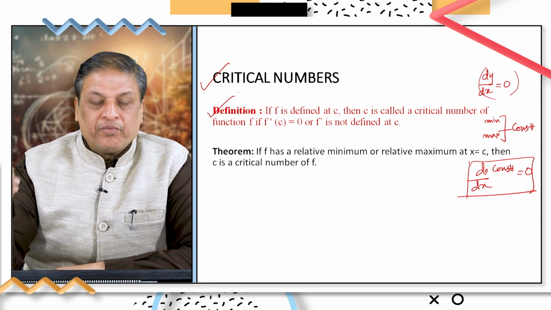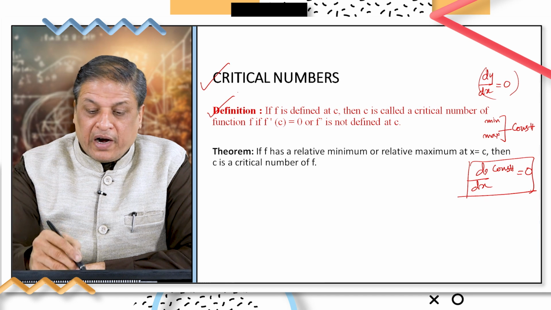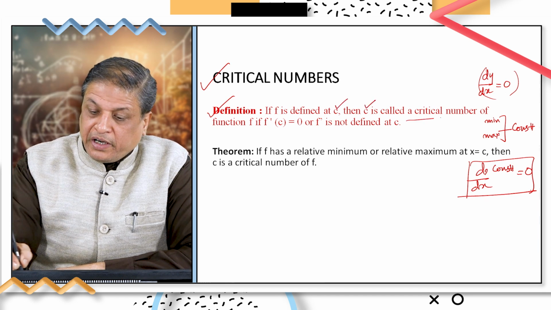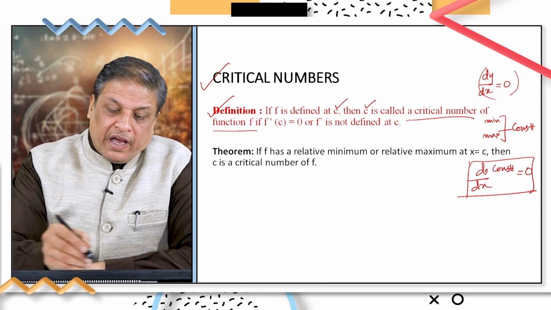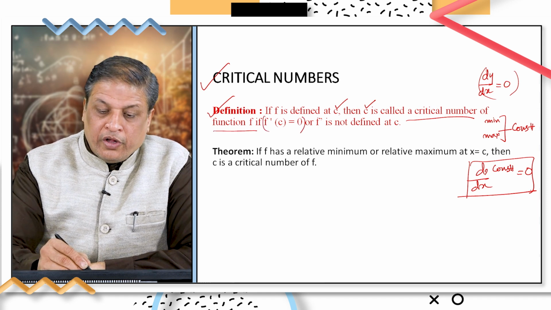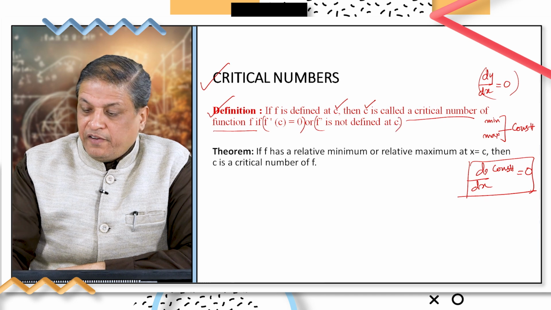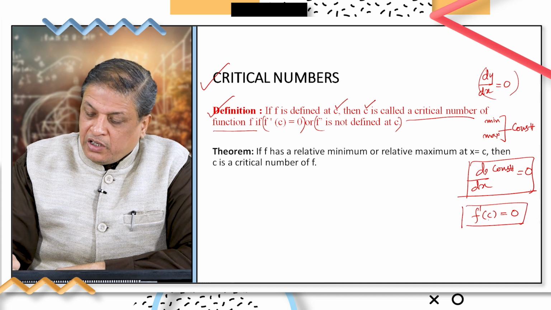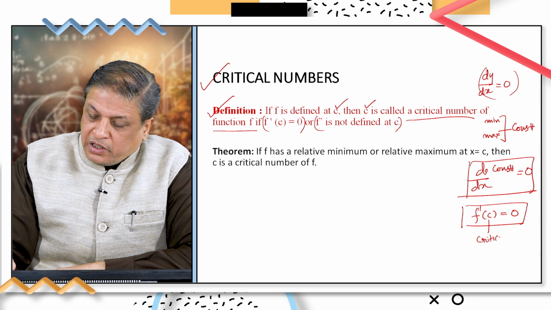By definition, if f is defined at point C, then C is a critical number of the function f if f dash C is equal to 0 or f dash is not defined at C. So, if f dash C is equal to 0, then this point C is a critical point and this number is known as a critical number.